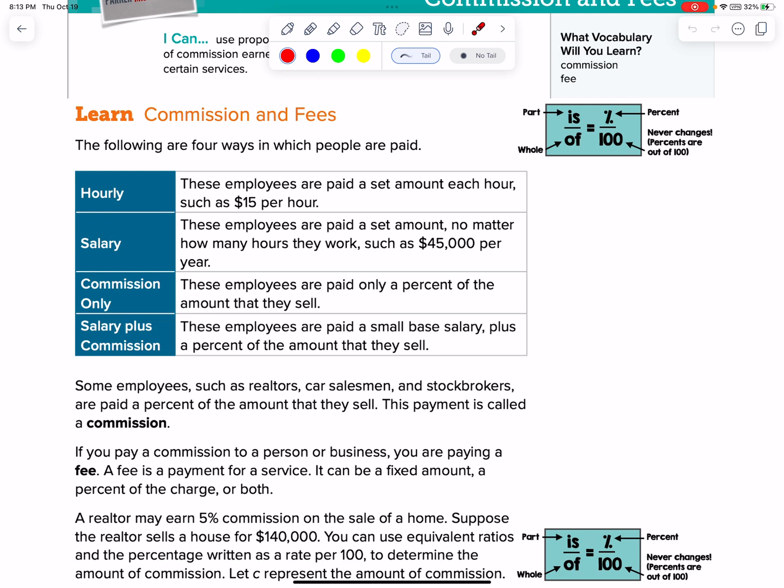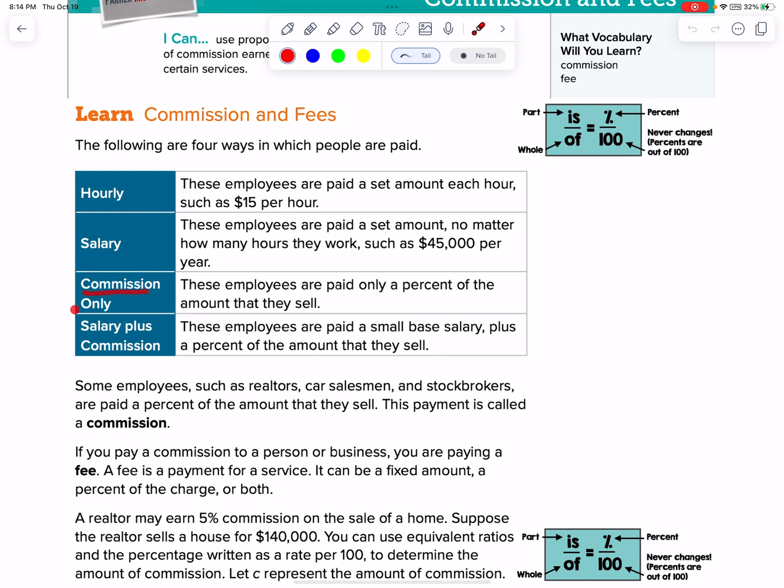I don't get paid over the summer. Other people get a salary for a whole year. They are just paid a certain amount, like $45,000 per year, but usually they divide it up amongst every 2 weeks. So you don't just not get paid until the end of the year. But that's how that works.